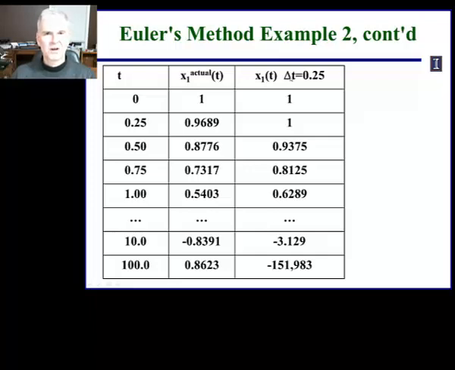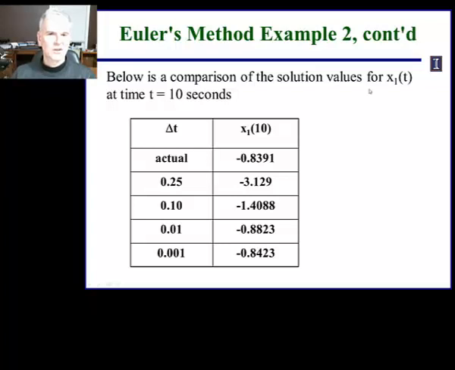In fact, this is one of the disadvantages of Euler's method, that it can be what we call numerically unstable, so that even though the system itself is just oscillating back and forth, Euler's makes it look like it's going unstable.